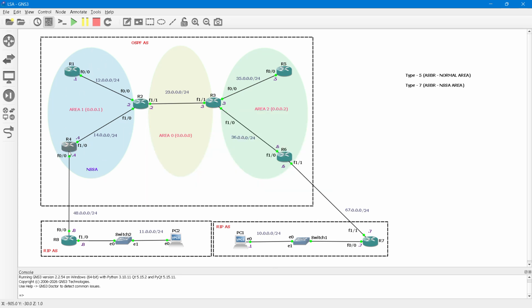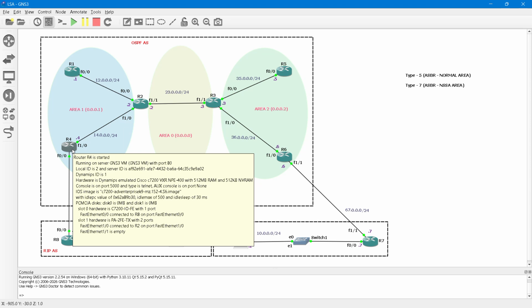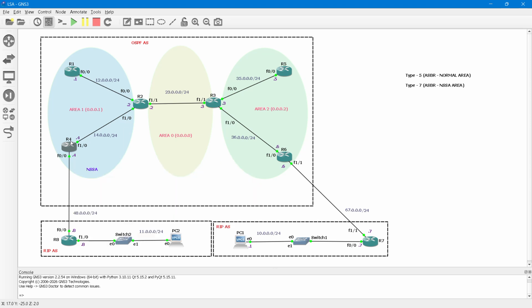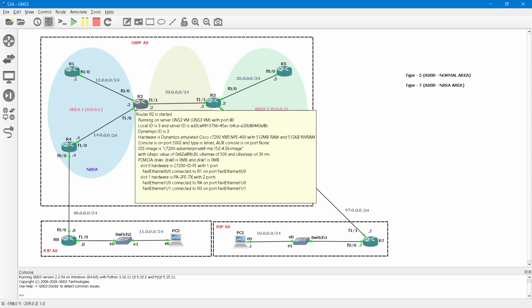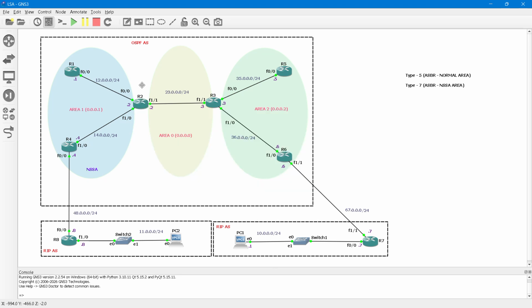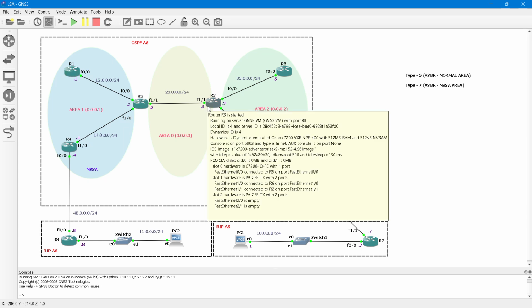But when a type 7 enters, it will welcome it with open arms. R4 will populate it to its corresponding router, and when R2 receives it, it will send it to R1, and further it will send it to R3.